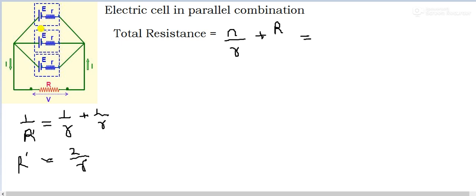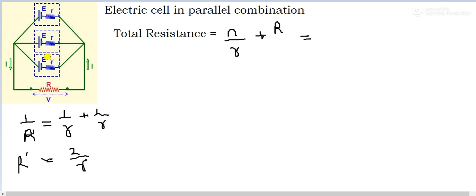Now total EMF, each cell has EMF of E, and all n cells have EMF of capital E. Now if you remember, in parallel combination the quantity which remains same is the potential difference. So across each branch where one cell is located, the potential of each branch would be E, and for this whole combination the total EMF would remain E only.